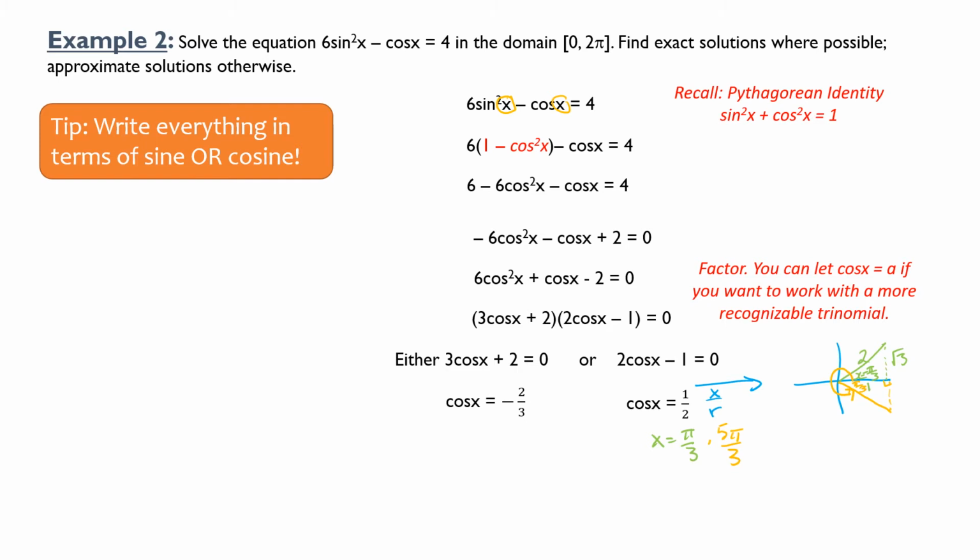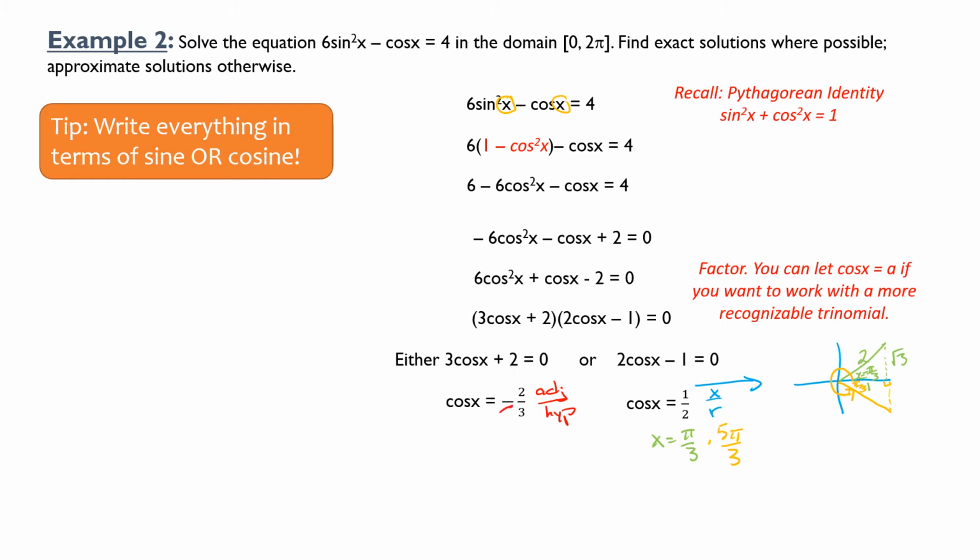Now we're going to look at the more challenging side, which is the left side here. This is again adjacent over hypotenuse, or x over r, but I don't have a triangle for that.